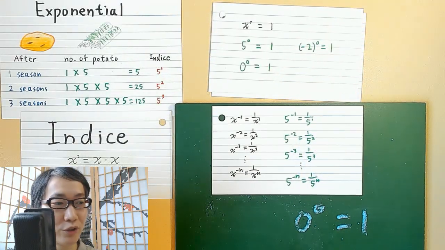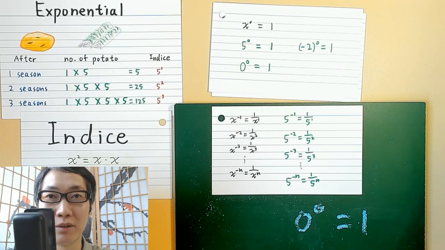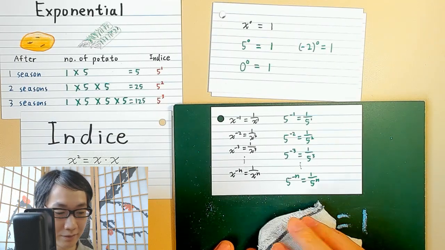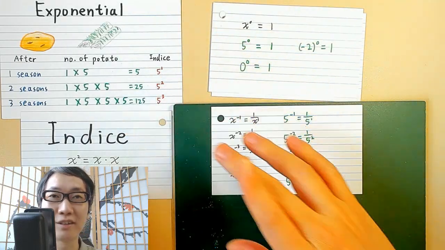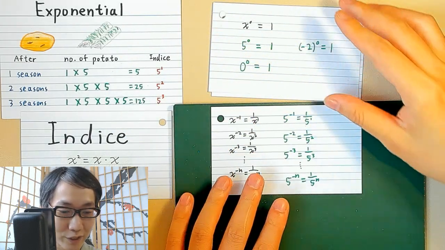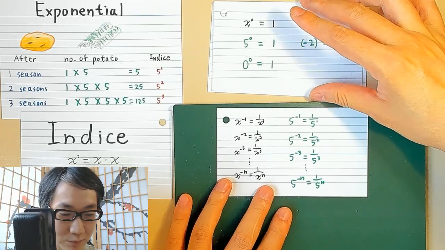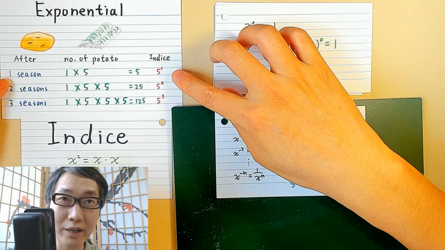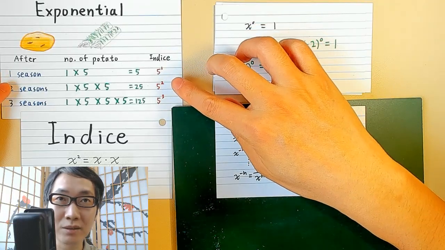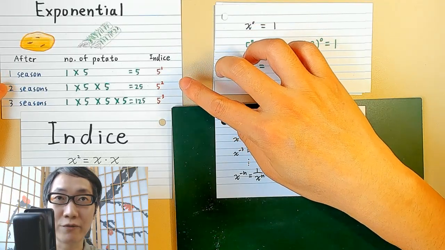Oh, what if we have power of negative numbers? What does that mean? What does that mean by doing this for negative number of seasons? Yeah. So we can do this by looking at the patterns. So whenever there's a season increase, it is multiplied by 5, right?